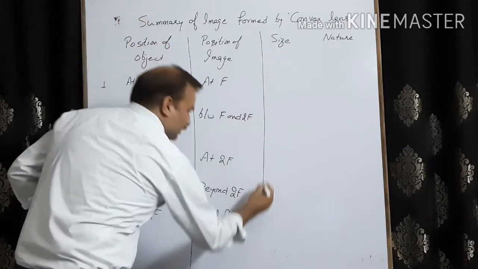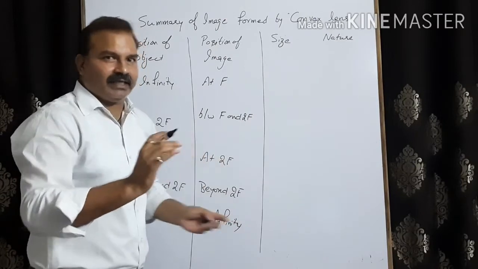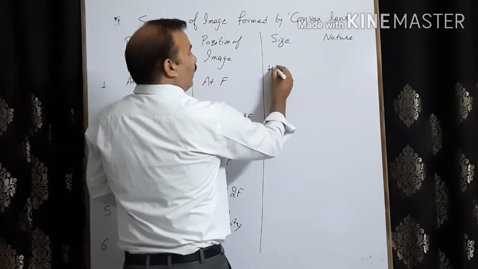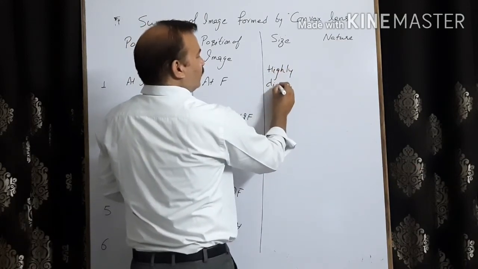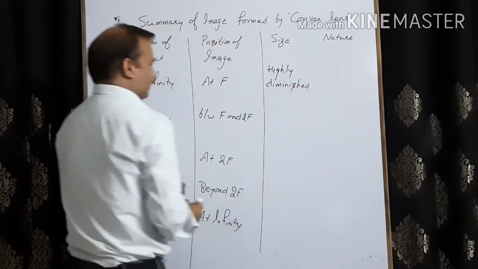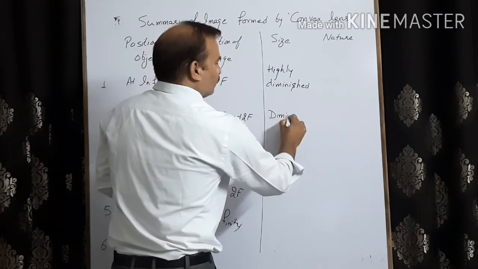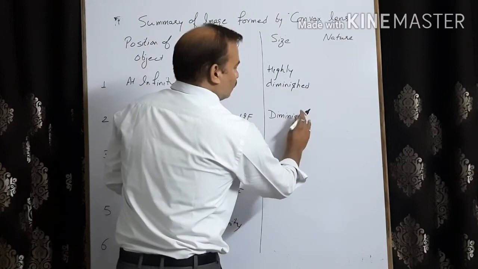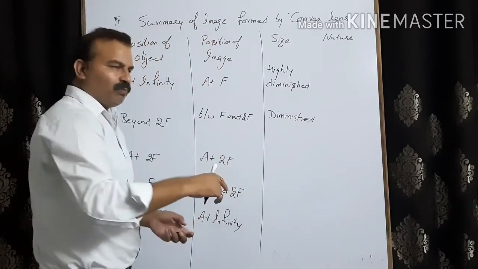Now the size. The size of an image keeps on increasing. In the first case, it is highly diminished. Highly diminished means very small size. Second is diminished or smaller.